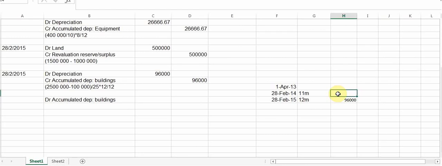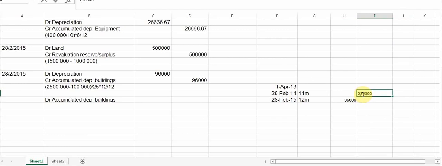So in this instance, I'm going to calculate for the 11 months, and there I'm simply going to say it's the 2.5 million minus the 100,000. I'm going to divide it by the 25 years, and I'm going to times it then by 11 out of 12 months.